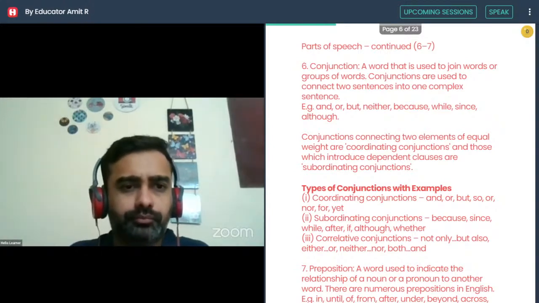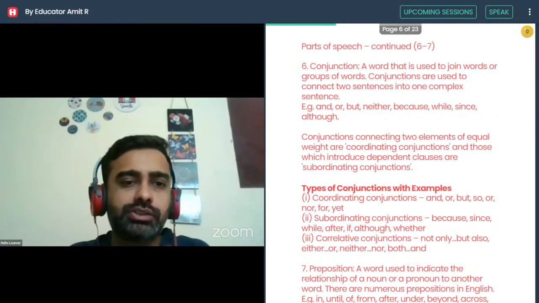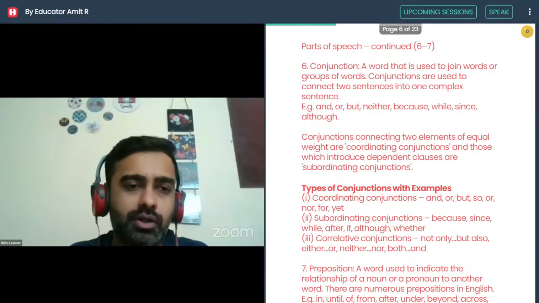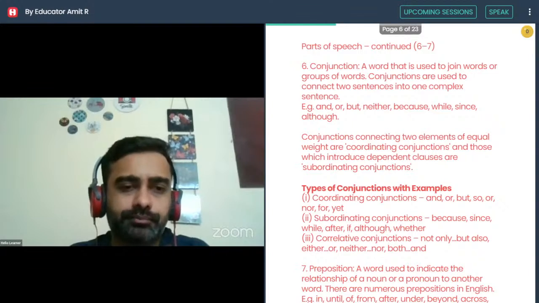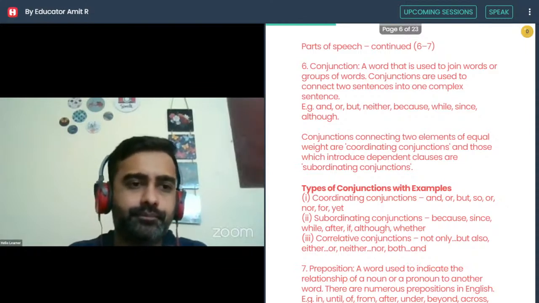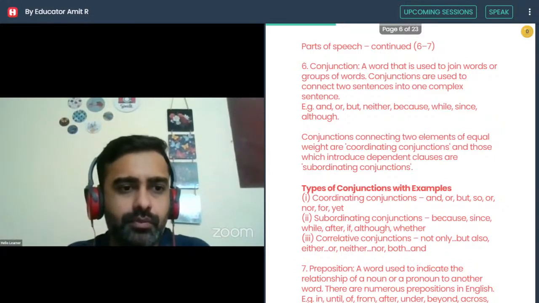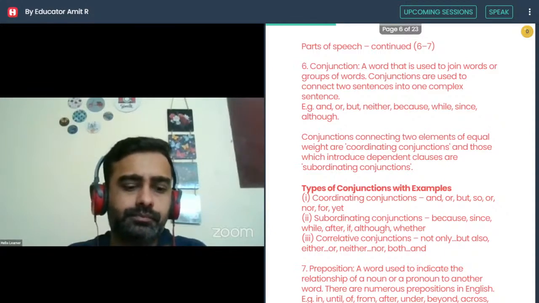Types of conjunction with examples. First one, coordinating conjunction. Coordinating conjunctions: and, or, but, so, nor, for, yet. Second one, subordinating conjunctions: because, since, while, after, if, although, whether.